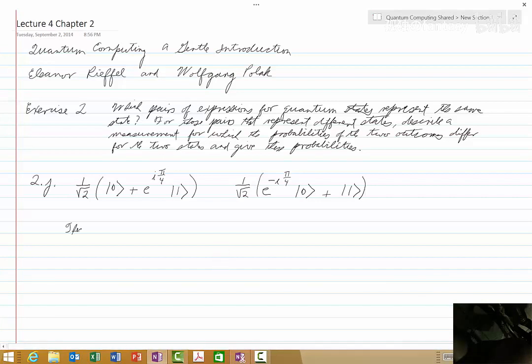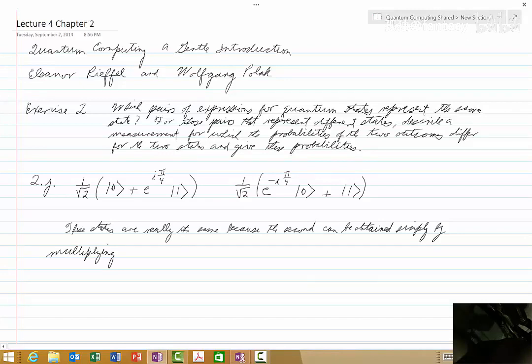These states are really the same because the second can be obtained simply by multiplying the first by e to the minus i pi over 4.